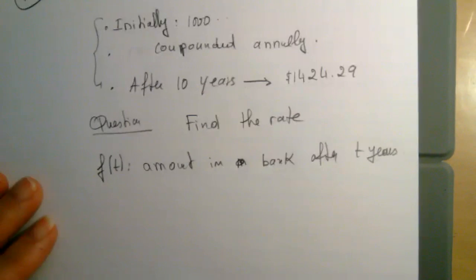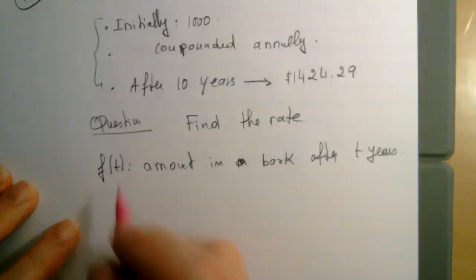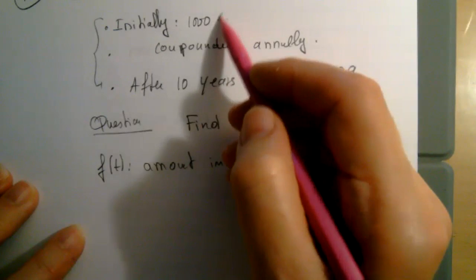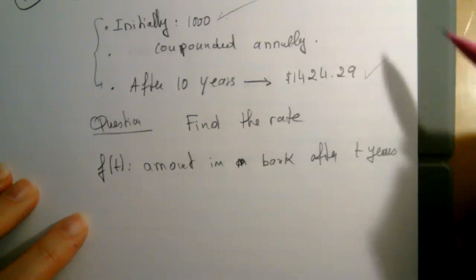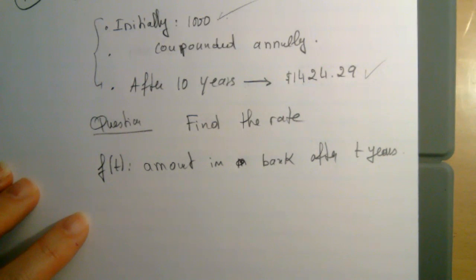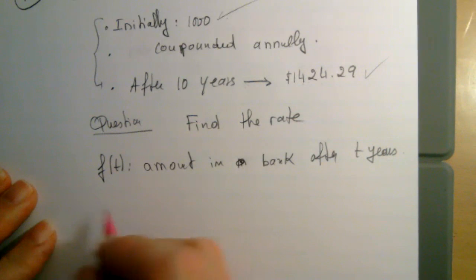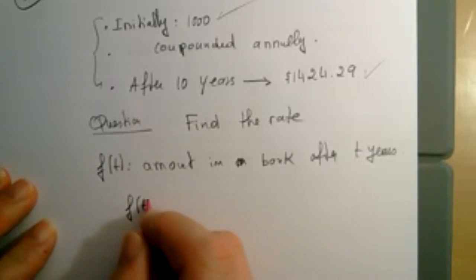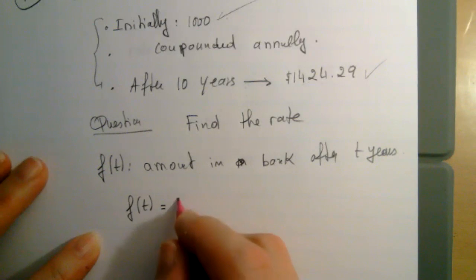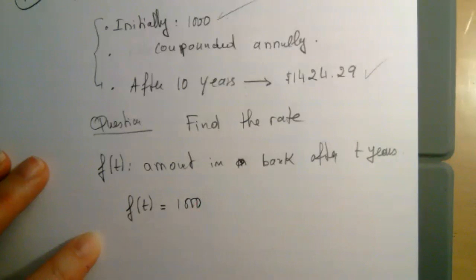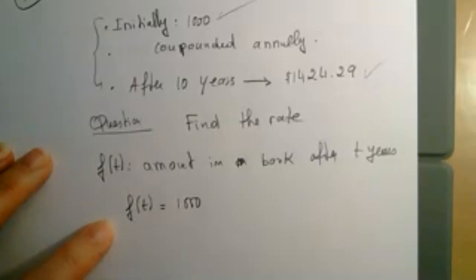Okay, what do we know in this problem? I know that initially I had 1,000, right? I know after 10 years I have that much, and I know the formula that governs this problem. What is the formula that governs it? If I call r the rate, what's the formula? Initial, go ahead.